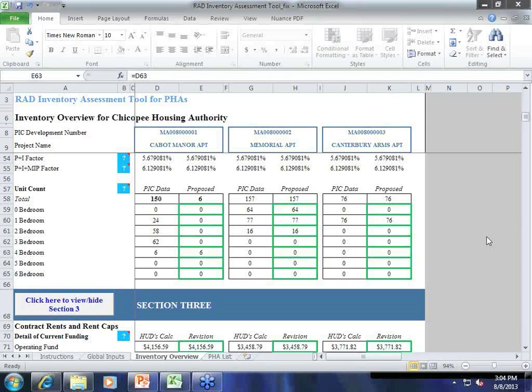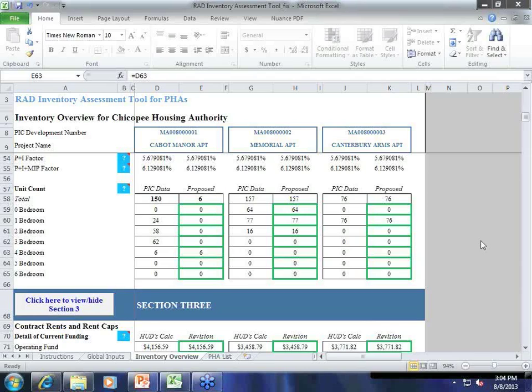but I believe it lays out what you would need to demonstrate to show us that the property really needs to convert through RAD in order to remain viable. This is Kathleen.